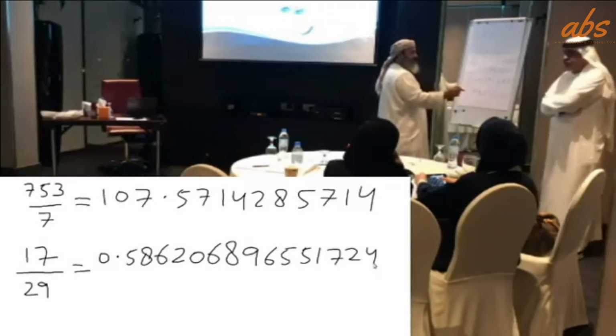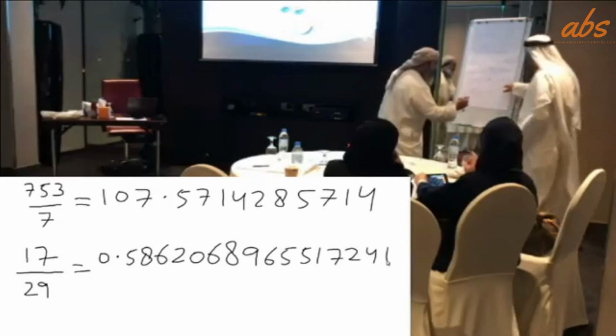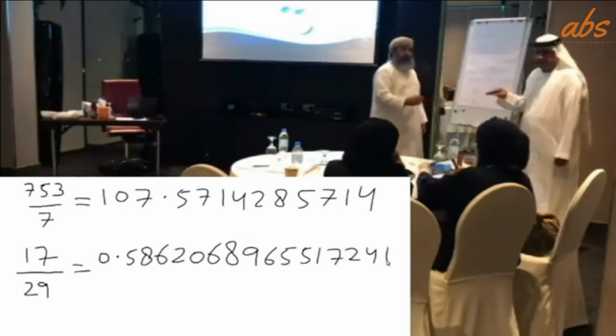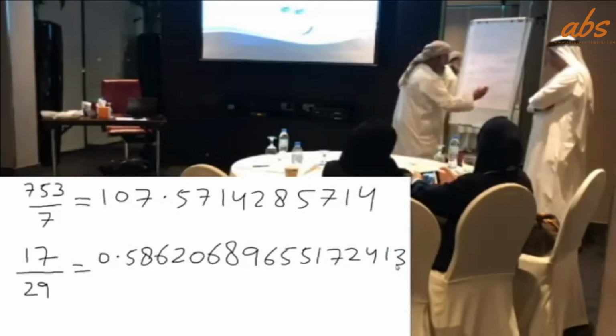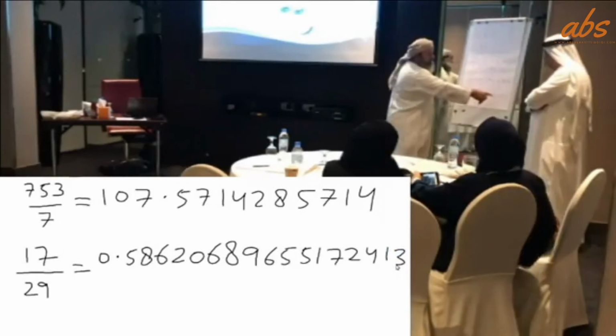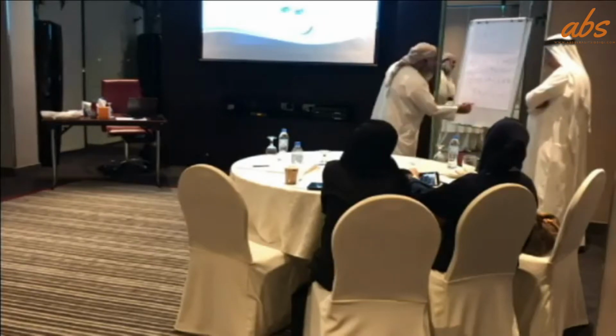Is it going fine? Because calculator will go till here, and next digit, if it is 5 or more, it will round up. So I can go on and on and on.